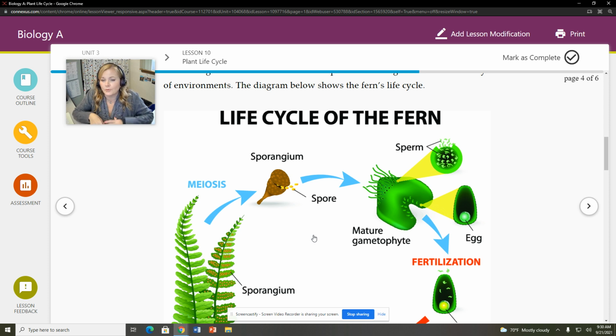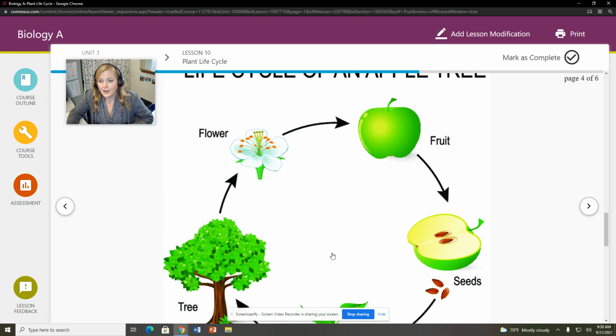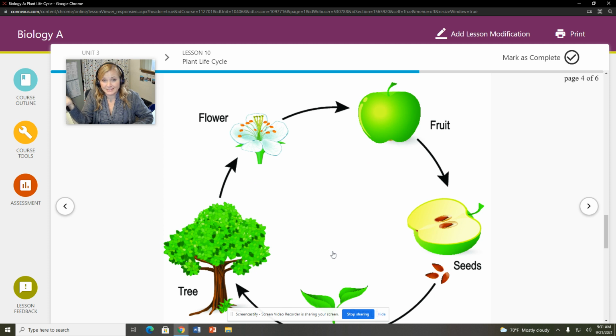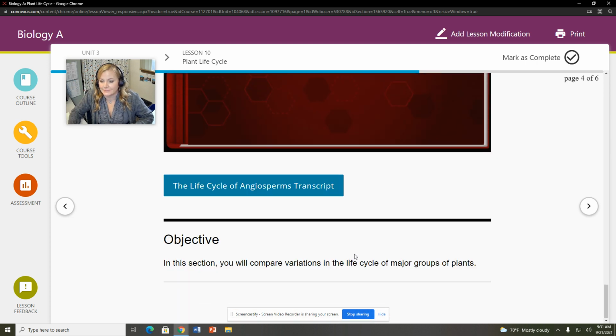Wet forest floors, wetlands, marshy areas, bogs, and stuff like that. Whereas plants that produce seeds or are flowering plants specifically, they don't need that, because the pollen actually grows those pollen tubes that allow the sperm to swim to the eggs.